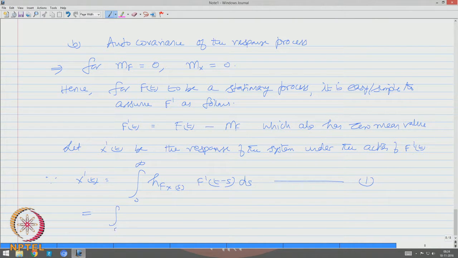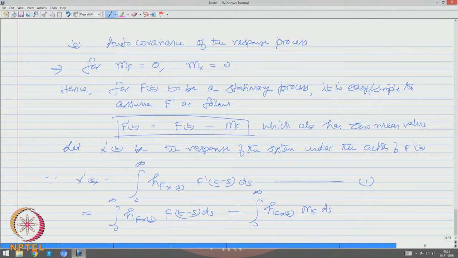Let us extend this as the integral from 0 to infinity of h f x of s f of t minus s ds, minus, because we already know f dash of t can be f of t minus m f, the integral from 0 to infinity of h f x of s m f ds, which can now be said as simply x of t minus m of x, because we already know m of x is h f x 0 m of f. We call this equation 3.